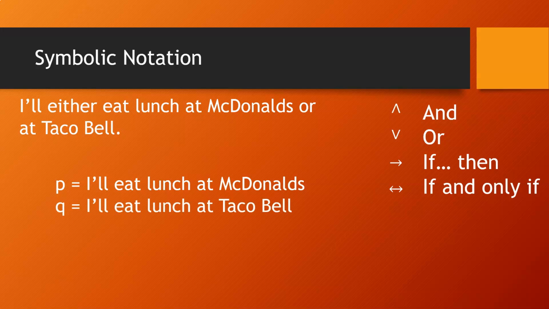The other simple statement is, I'll eat lunch at Taco Bell. We'll call that Q. The connecting word between those is the word or. So to put this completely into symbolism, we would write something that looks like this, P or Q.